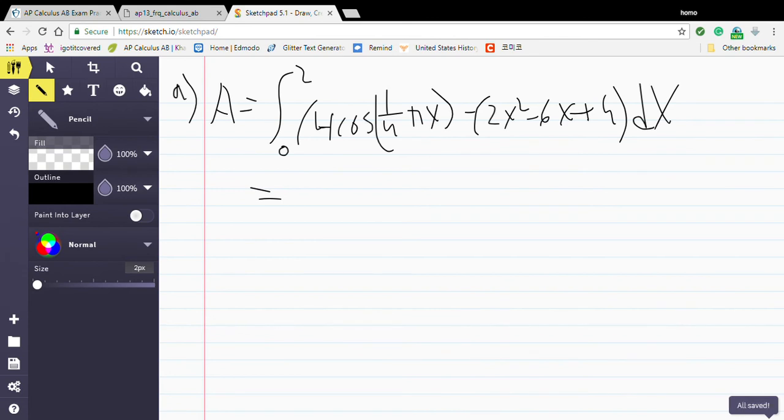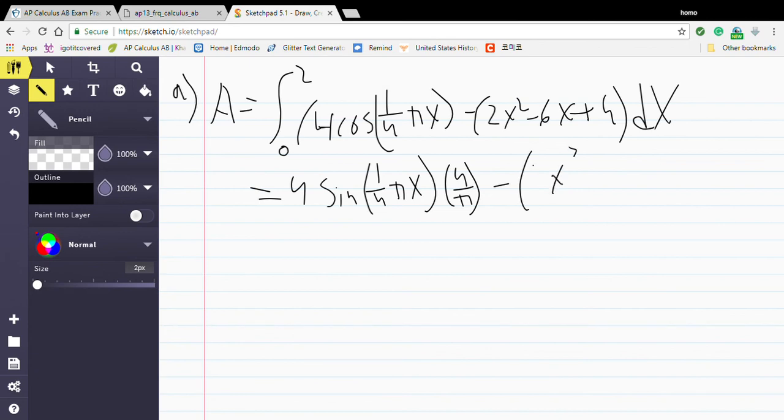So we take the antiderivative of this and we get 4 sine of 1 over 4 pi x, and then we're using the chain rule, we get 4 over pi, and then for this we get minus 2x cubed over 3 plus 3x squared plus 4x.